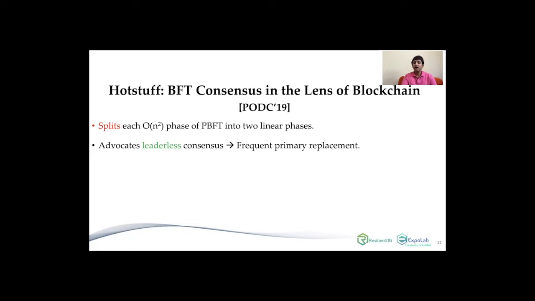It says, how about we frequently change the primary? The benefit of frequently changing the primary is that no one primary can be handling a massive number of requests, and then the view change process may not be cumbersome. Similar to SBFT, it requires threshold signature, but due to requiring frequent changes of primary, it infers something called sequential consensus or sequential processing.